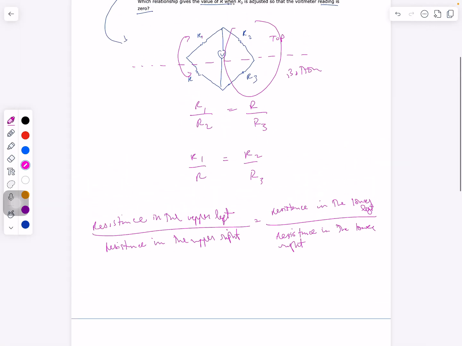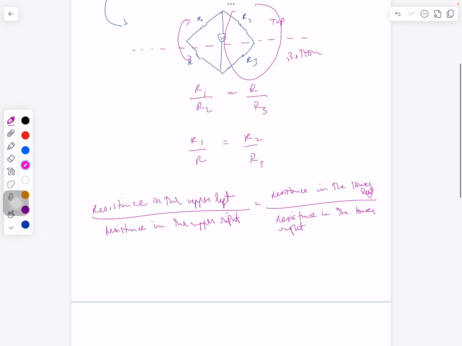So upper left would be this. So it'd be upper left, R1 over R2 is equal to resistance in the lower left, R over R3.